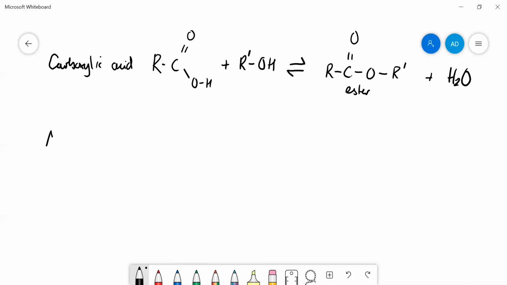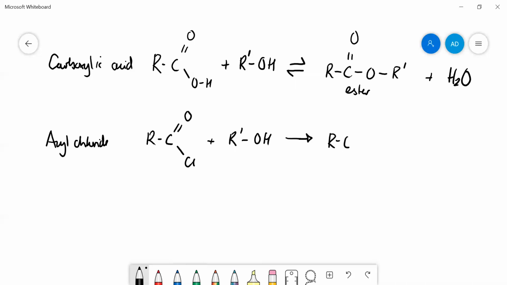With the acyl chloride, you'll get, it's not an equilibrium reaction, effectively it goes to completion. You get the ester, and you get HCl. Let's just write it down.